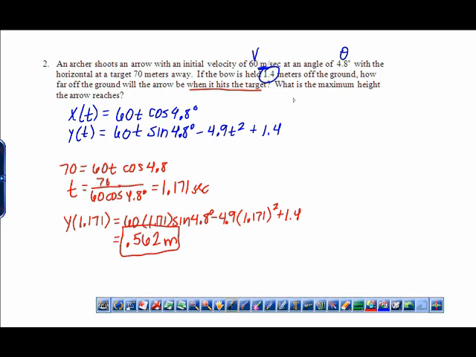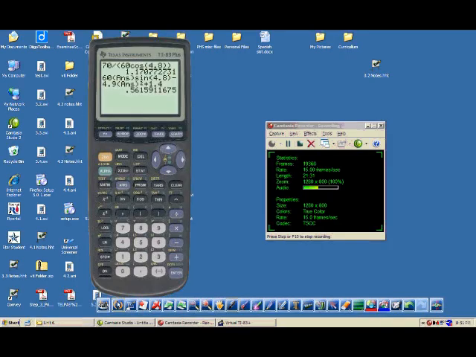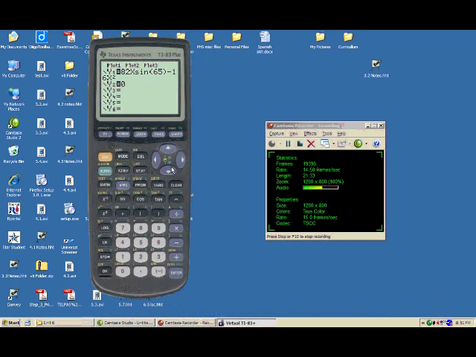Now the next part, what is the maximum height the arrow reaches? This is something we actually could have done a long time ago. Now I have a more complicated vertical, something that also depends on the angle, but this maximum height, we can do this in our calculator. So let's plug in our vertical component, 60x sine of 4.8 minus 4.9x squared plus 1.4.